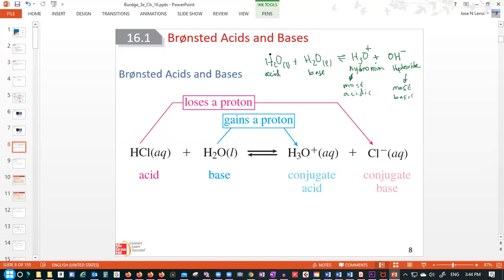So we have there the acid-base pair. So the acid forms a conjugate base and the base forms a conjugate acid.